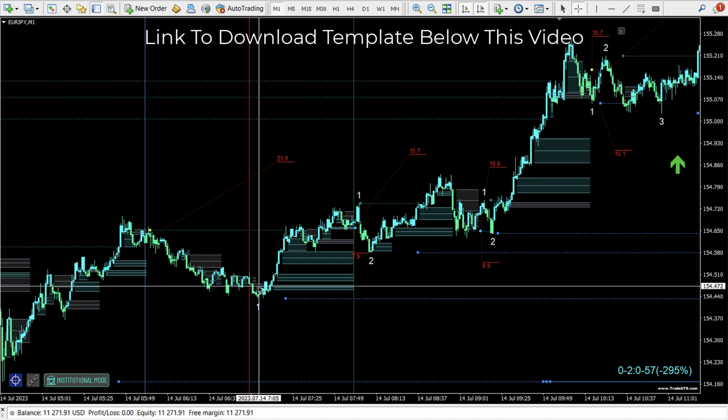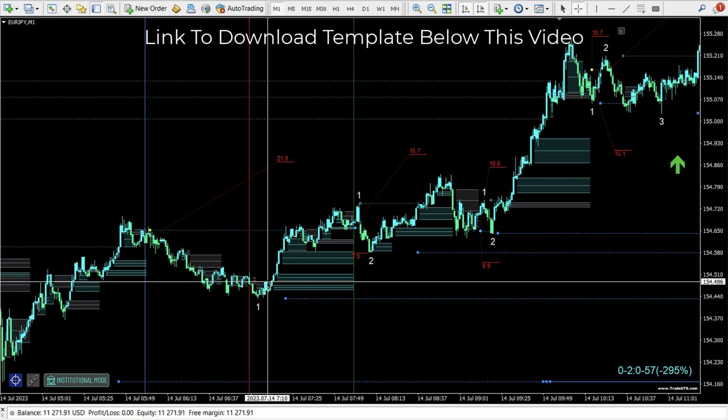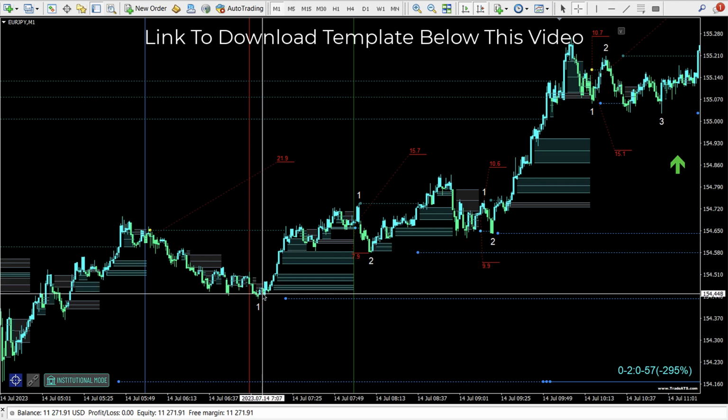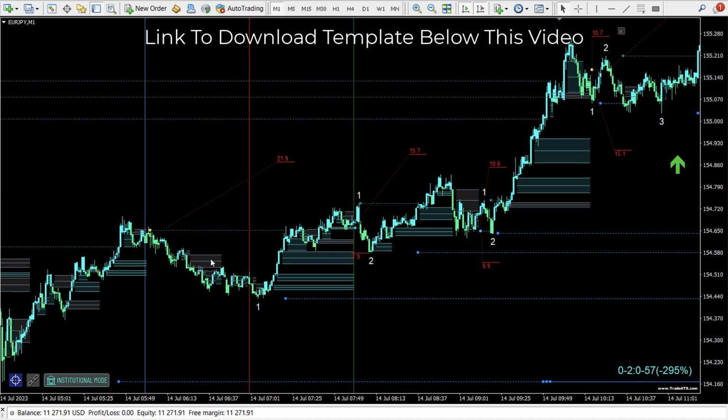This is a very good indication that the market wants to go up. So we will be entering after we close above the bearish fair value gap, because the gray fair value gaps are bearish, the green ones are bullish.